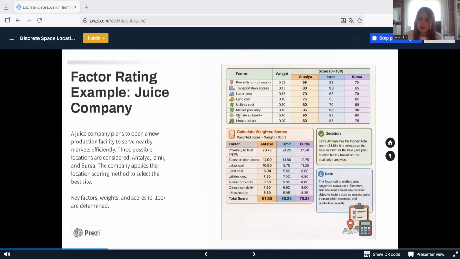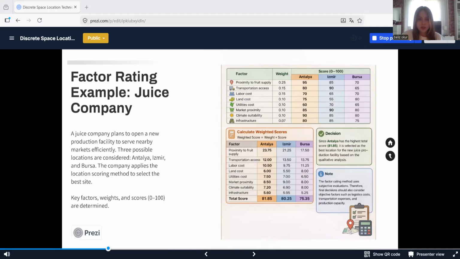When you do the math, Antalya comes out on top with a score of 81.85. But remember the note at the bottom. This is subjective. Before we break ground in Antalya, we really need to look at hard logistic costs as well.